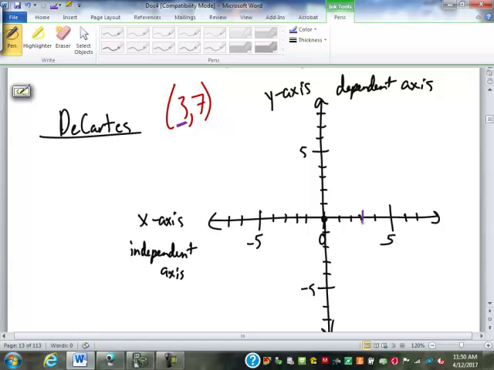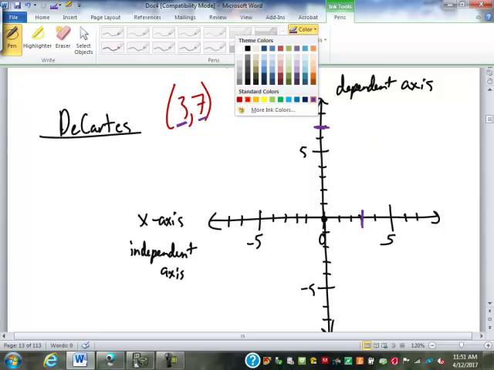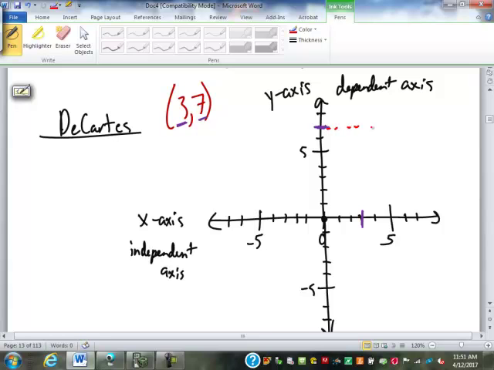Here's 3 on the x-axis. The 7 would be the y value or the dependent axis. That's up here. To represent the two of them together, they project that out into space, and they put one dot right there. Think of it as like its shadow falls straight down on 3 on the x-axis and over on 7 on the y-axis.